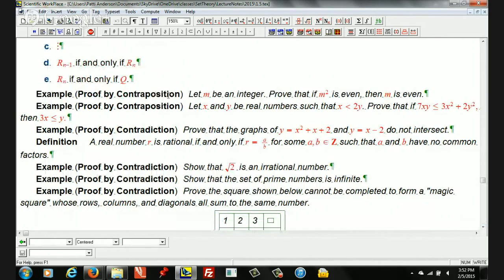Which of these first two do you want to do in class? Proof by contraposition. In other words, which one did you understand least of the examples in the book? Those two weren't so bad. Neither of them were that bad. I don't know. Take a vote. Who wants to see the first one?